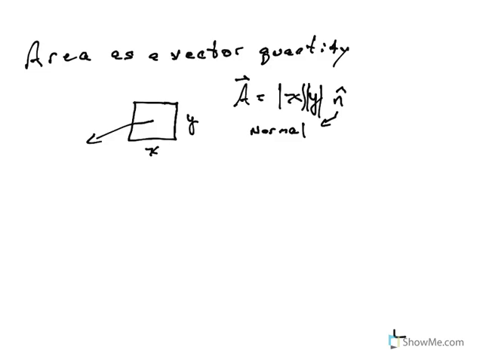Once we have created area as a vector, now what we can do is say, okay, let's say we have some field. Remember what a field is? And let's say it's a vector field. That means everywhere in space you have these arrows, these vectors that tell you the magnitude of the field and which direction that field is pointing at that particular location.